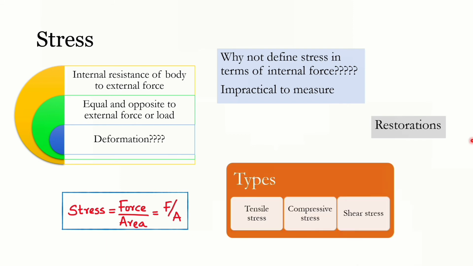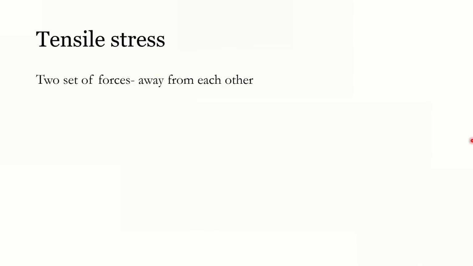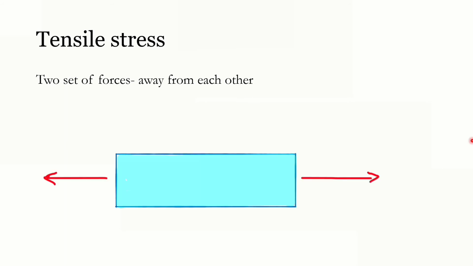Now there are three types of stress. You have tensile stress, compressive stress and shear stress. So what is each of these? Tensile stress is when two sets of forces are present which are acting away from each other, literally pulling the material.